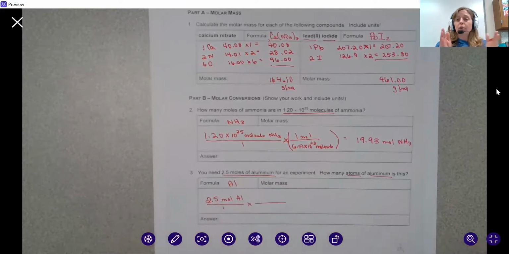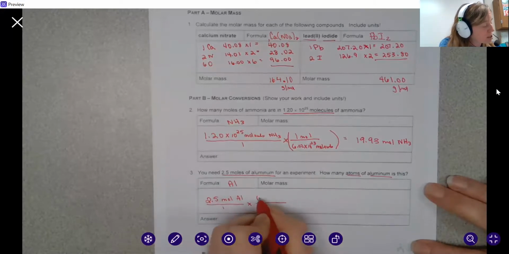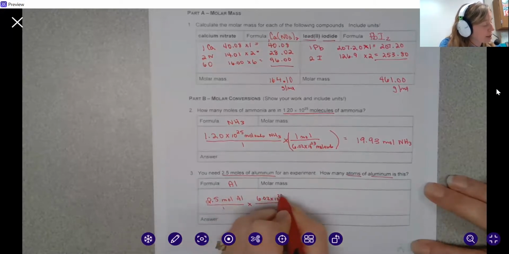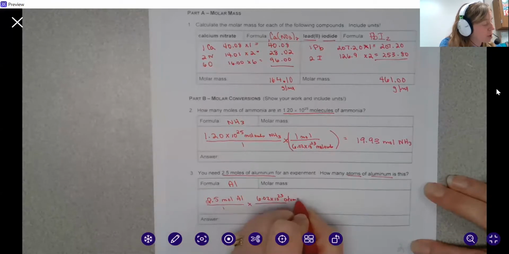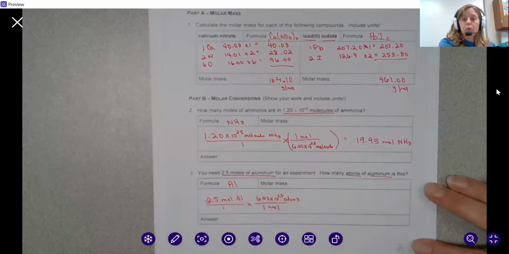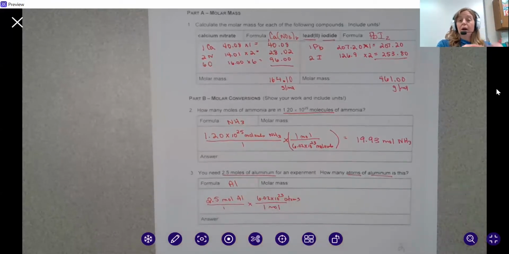Now, if you look at your roadmap, we're going from moles to particles, so we're going down the road. If we're going down the road, the fraction we use is 6.02 times 10 to the 23rd atoms over 1 mole. Because we're going from moles to particles now, the conversion factor flips.